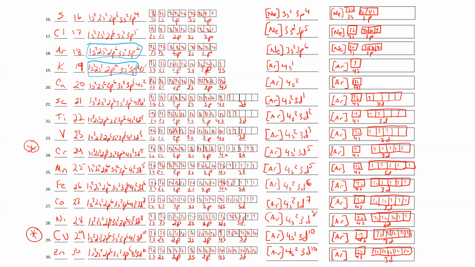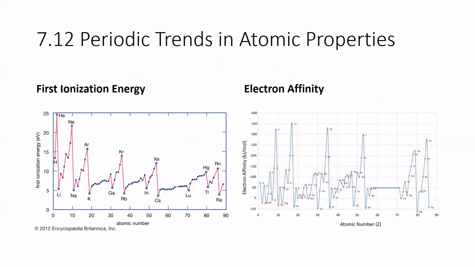So the last section of chapter 7, 7.12, is periodic trends and atomic properties. And remember, when we think about the periodic table, the reason it's called the periodic table is that periodically, going from elements 1 through 118, you encounter an element that has similar properties to another element or another couple of elements.